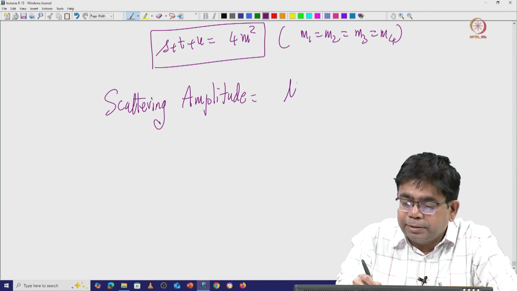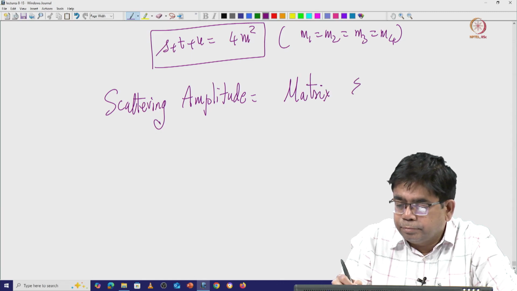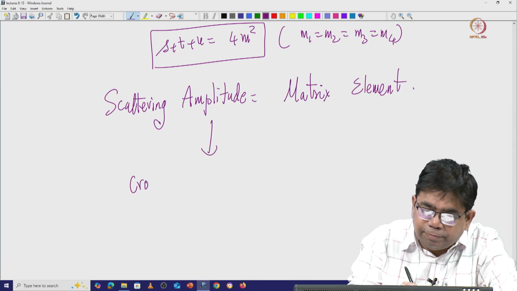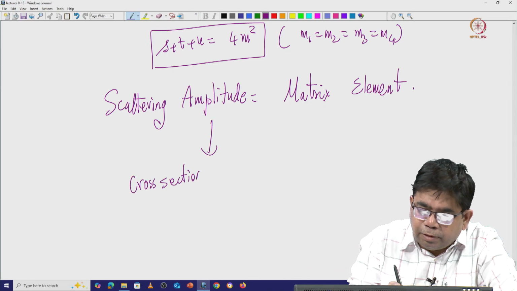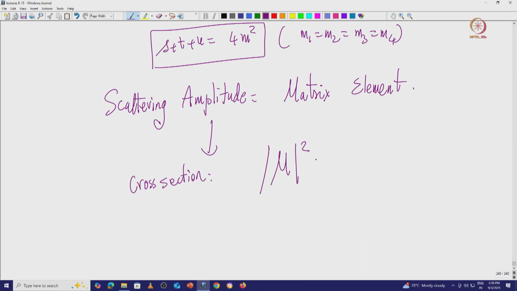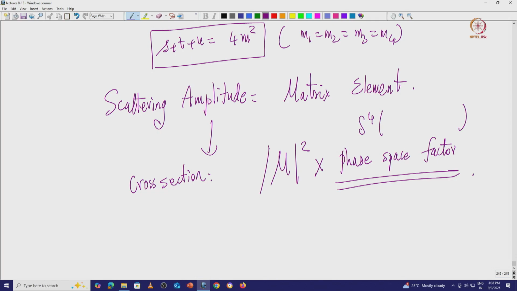is something called the matrix element. From here you compute something called the cross section. The cross section contains two parts. One is the amplitude square times something called the phase space factor, which is mostly a delta to the power 4 that ensures energy momentum conservation.